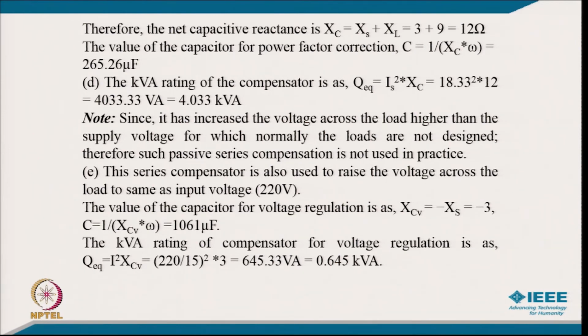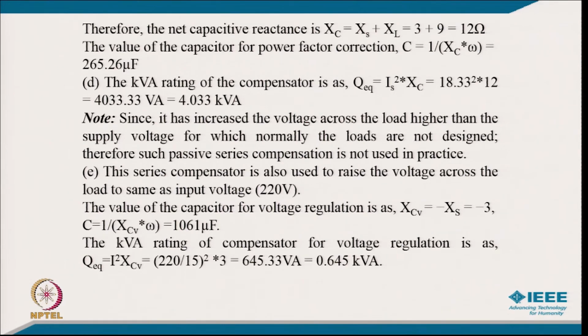Now from the previous problem and this problem we can conclude two things. Series compensation is certainly not good for power factor correction, because the voltage across the load increases much more than what the load can take. But for voltage regulation across the load to be rated, the kVA rating of the voltage regulator is much lower.